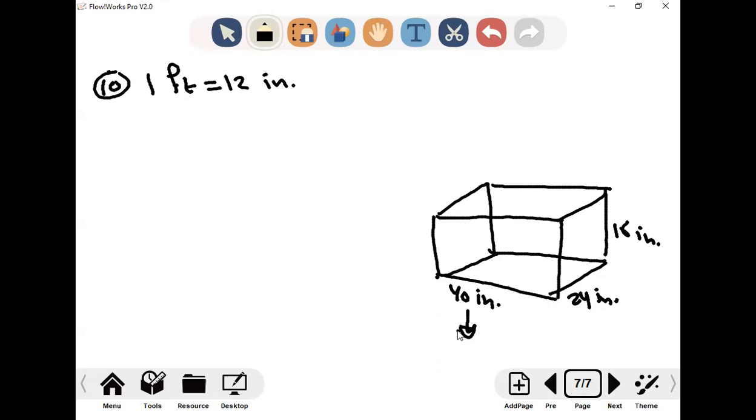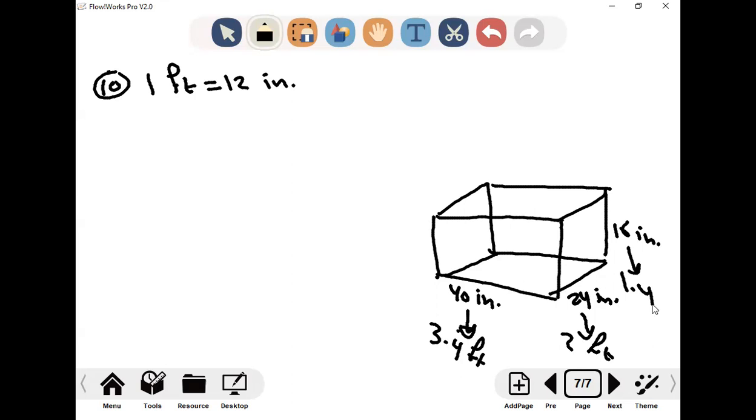Now, 40 divided by 12 is 3.4 feet. Okay? And the 24, exactly 2. And the 16 divided by 12, 1 foot, 0.4. It's rounded. So now I have everything in feet, right?